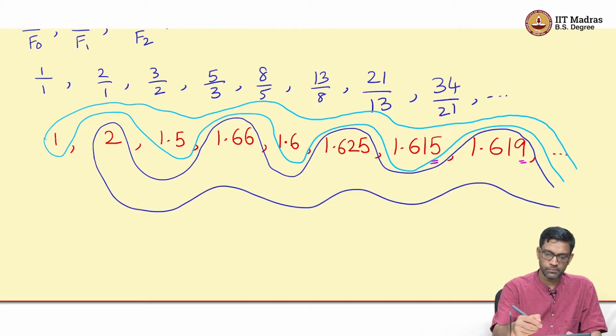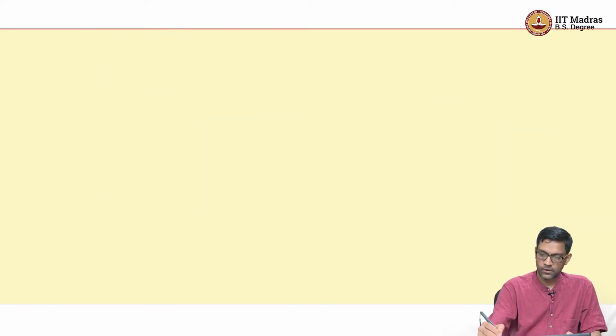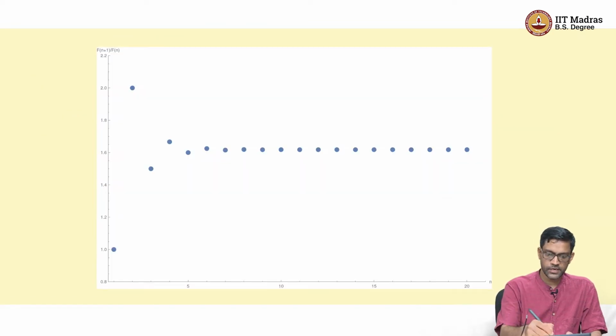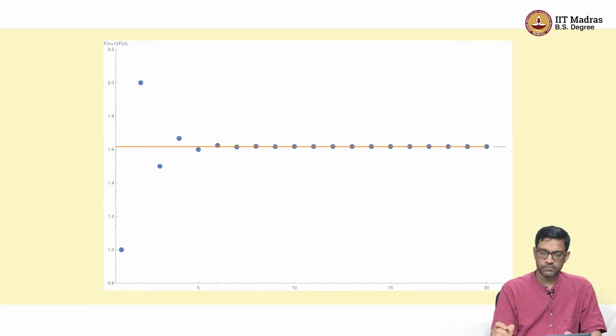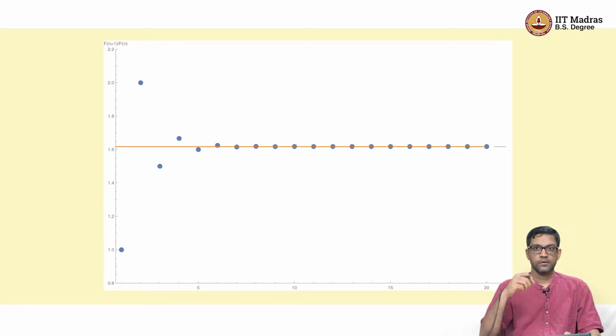If, for example, you try to draw a graph of these ratios, this would be an instructive thing to try. For each value of n, plot what the ratio f(n+1) over f(n) looks like. It oscillates, but with smaller and smaller peaks and valleys, till it approaches a limit.